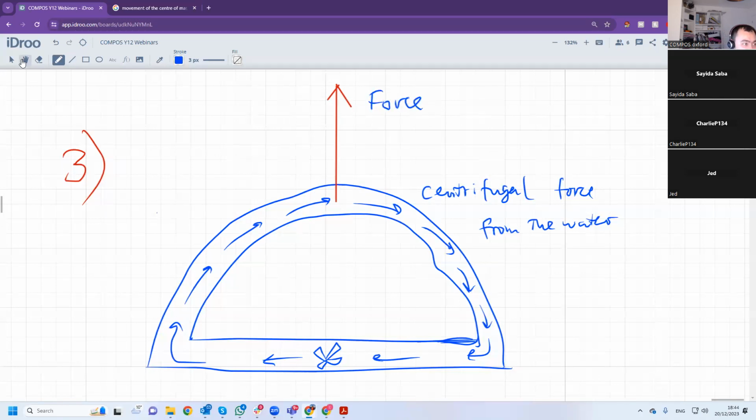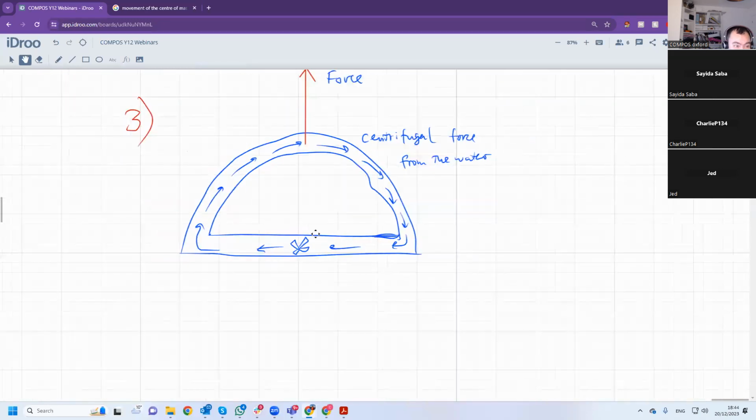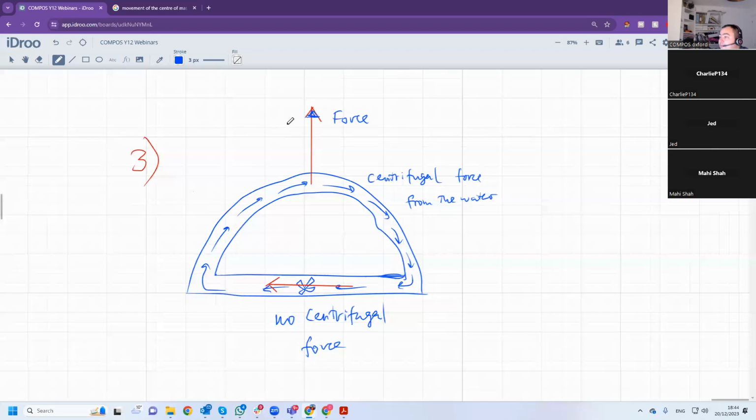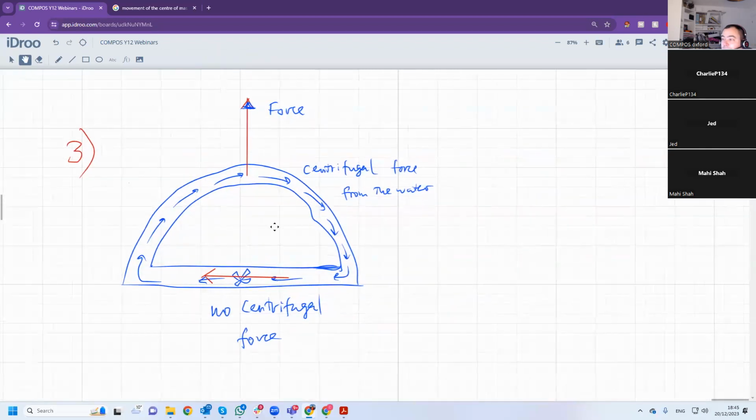And because the water follows a straight path here, there's no centrifugal force here. And the rocket should propel itself upwards. So who can tell me where the problem is with that design? Why is this design faulty?